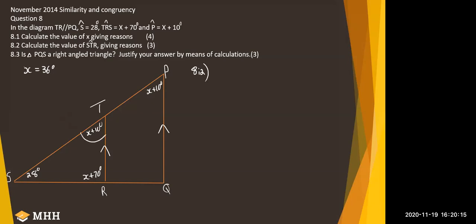No. Why is STR x plus 10? Because it's equal to angle P. So I'm first going to say that. You see, it counts 3 marks. So STR is actually equal to angle P, which is equal to x plus 10.